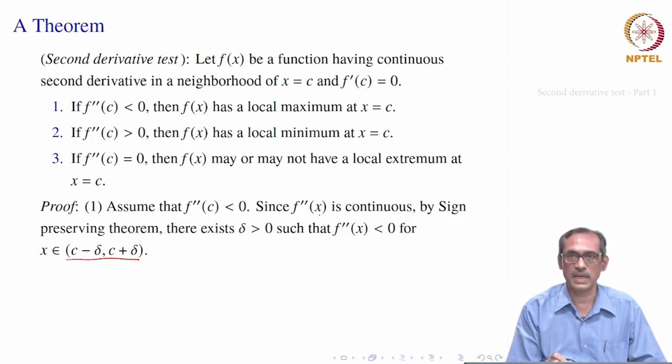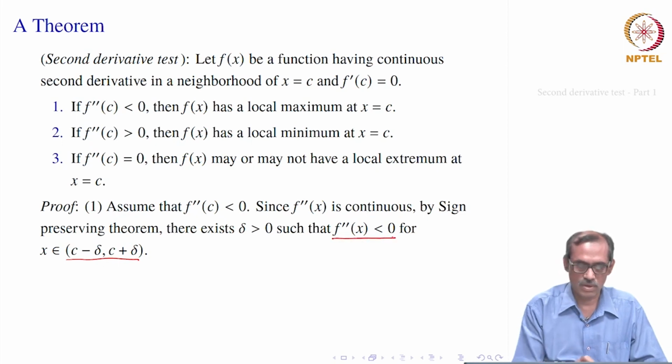At c it is negative, so in a neighborhood of c it remains negative, that is f double prime of x is less than 0 for all x in c minus delta to c plus delta. Some delta exists, some neighborhood exists where this will happen. That is what our sign preserving theorem says about continuous functions.